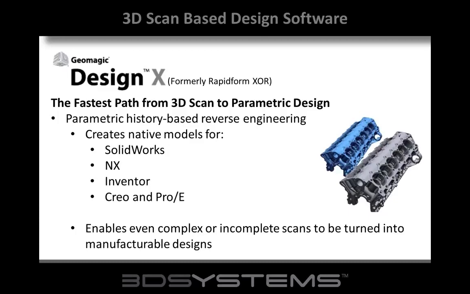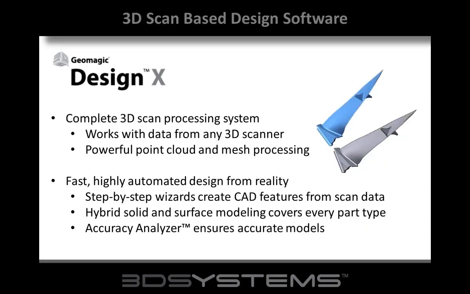Because of that parametric approach, we can get the design intent instead of just the shape. So we can also work around some defects or holes, incomplete scans or whatever, so we can create the whole part as a manufacturable part.